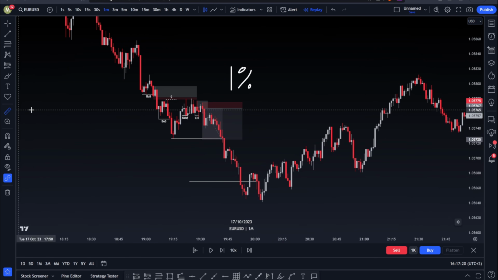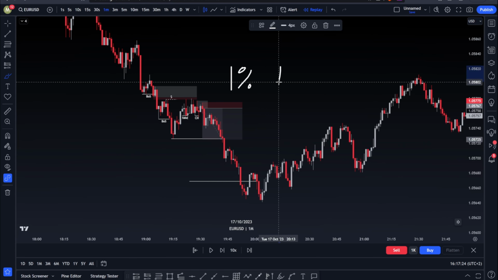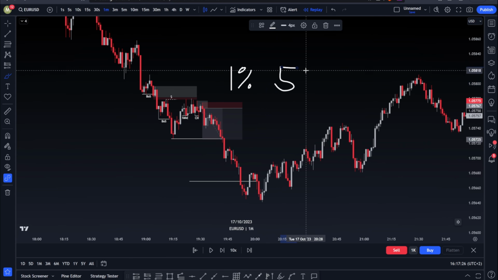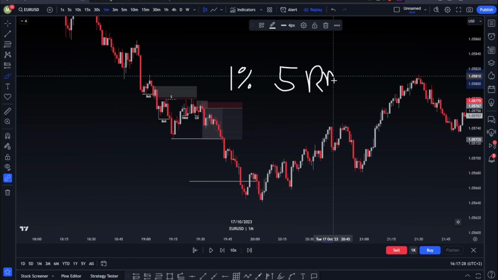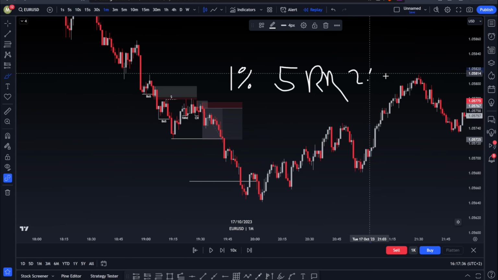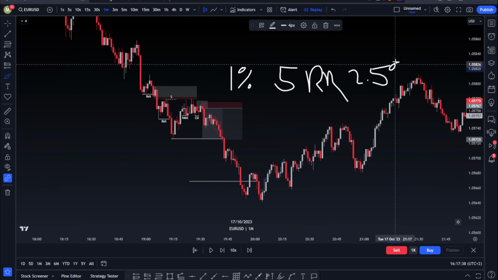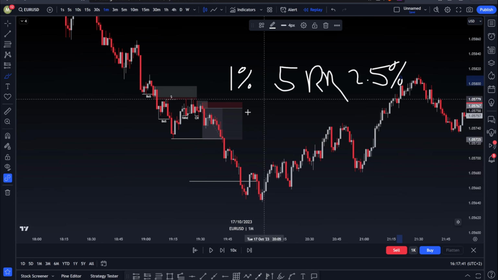So basically that's 2.5%. 5R. But you take half off, so it would have been at 5% here. You take half off, you take 2.5% win on your account, and you still have half of your position running, aiming for this 12R trade.